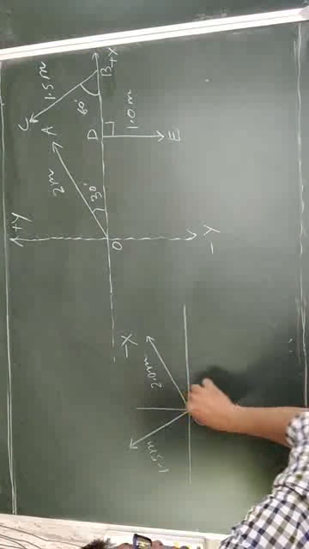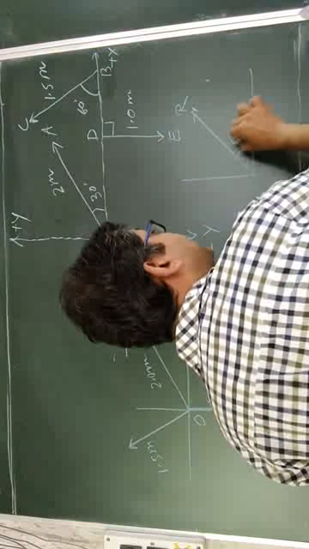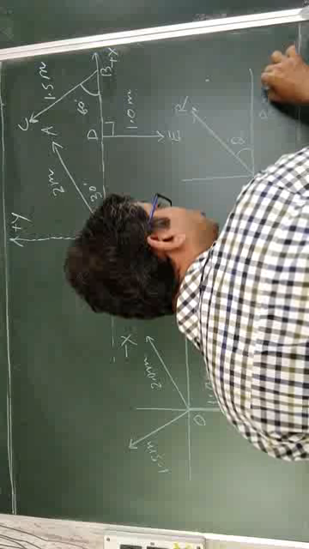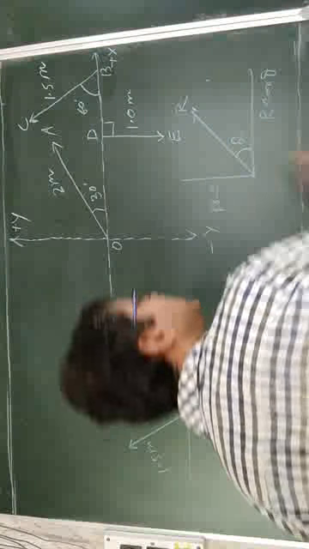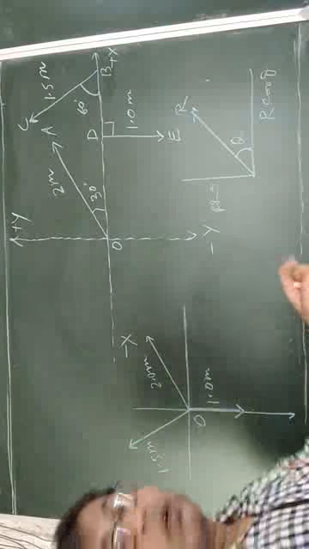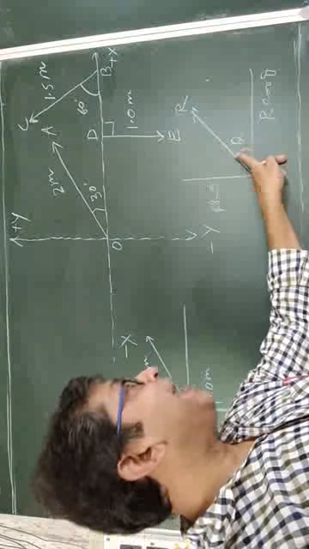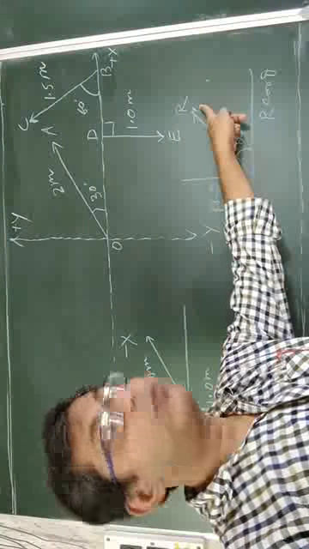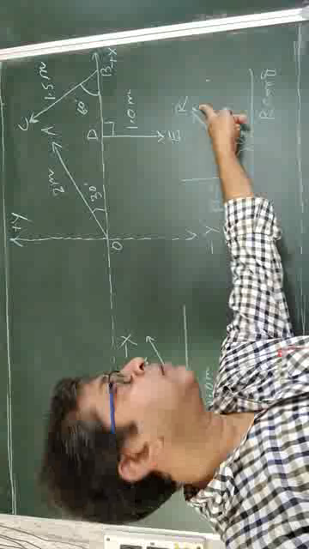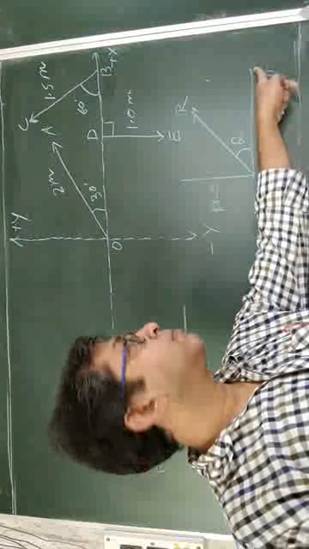Now remember that thing. This is R, this is theta, this is R cos, this is R sine. So this angle is theta. So you have to calculate the angle of the vector which is to be resolved with the positive x-axis always.